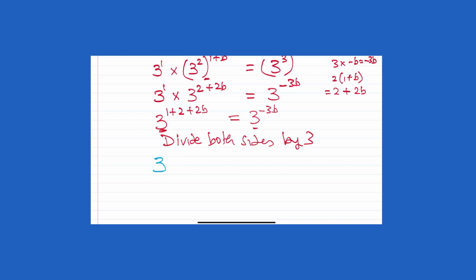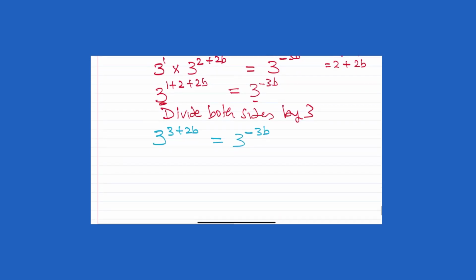This one is solvable here. This will be 3 plus 2b, and that is what we are going to have, equals minus 3b. And we can come back here and this will cancel out. So we have 3 plus 2b equals minus 3b.